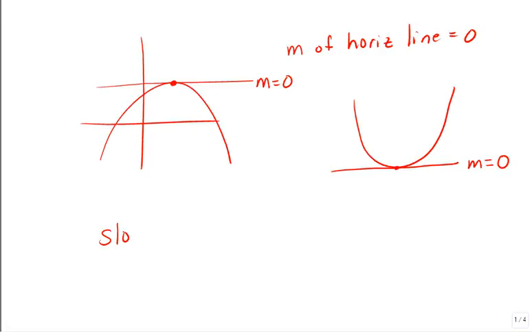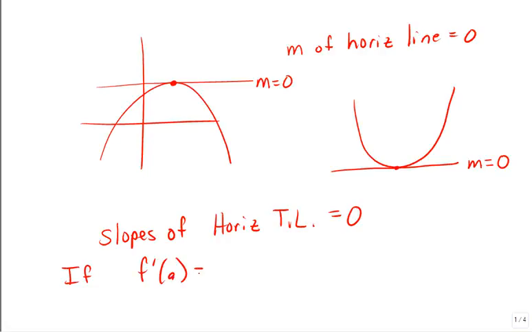So slopes of horizontal tangent lines are equal to 0. So if f prime of a is 0, then you know you have a horizontal tangent line. The derivative is 0, you have a horizontal tangent line, and that's an important fact. Okay, look at some of the homework problems to help you.